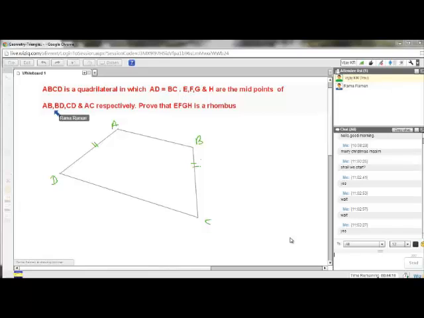So E is the midpoint of AB, F is the midpoint of BD. So we have to join the diagonal.